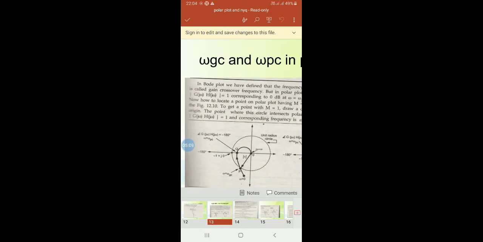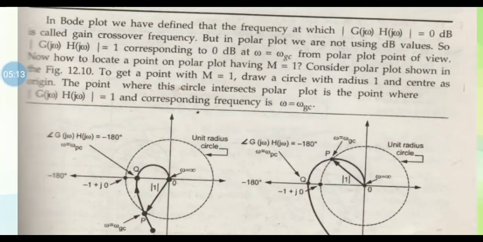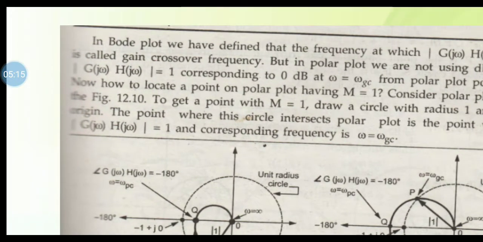But in a polar plot, we are not going to use dB values. So the magnitude of G(jω)H(jω) must be equal to 1, corresponding to 0 dB, at ω = ω_gc. This is how to find ω_gc and ω_pc from the polar plot.